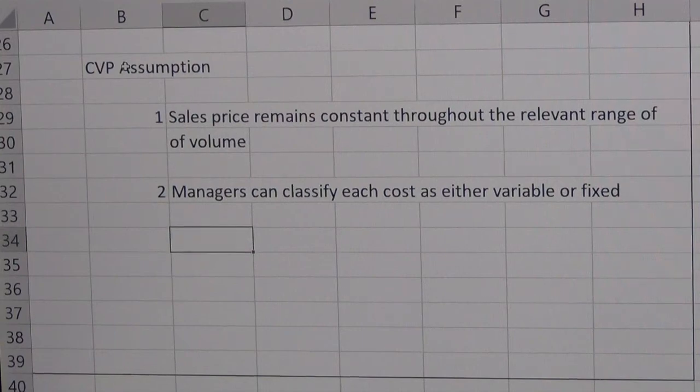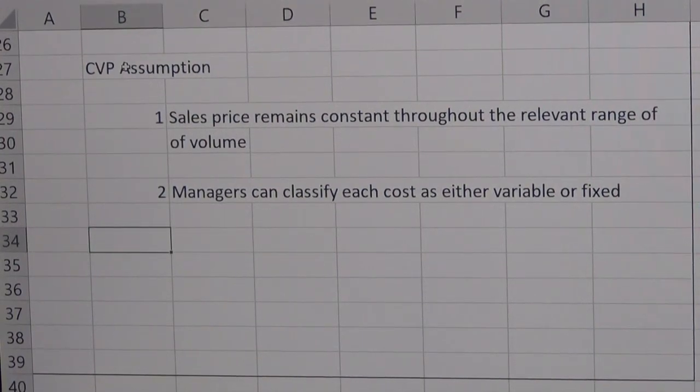And if you recall what we talked about, there was variable, there was fixed, and there was mixed cost. Well, mixed cost throws a little bit of a monkey wrench into this cost volume profit analysis. So we have to assume that we can take all of our costs and reasonably categorize them as either variable or fixed. Again, it doesn't have to be perfect, it just has to be pretty close.